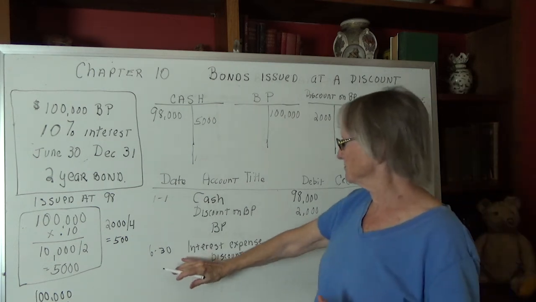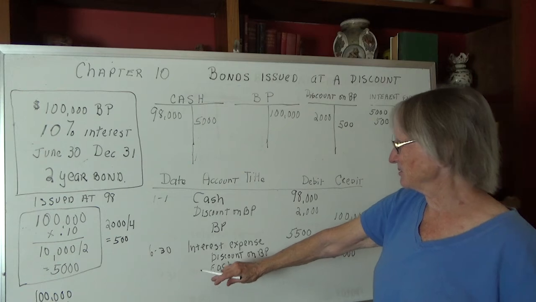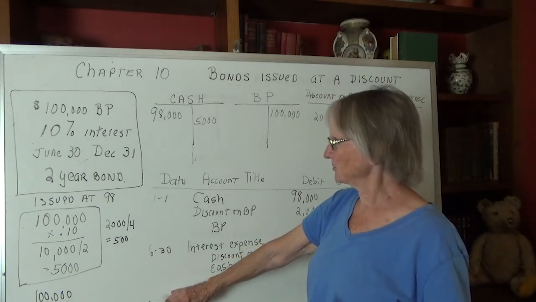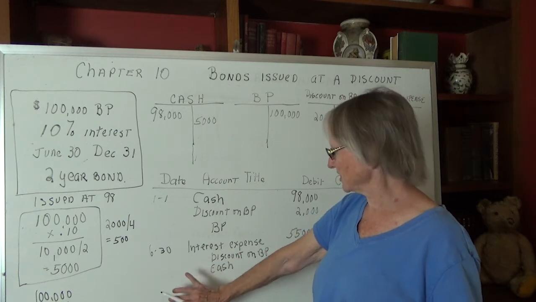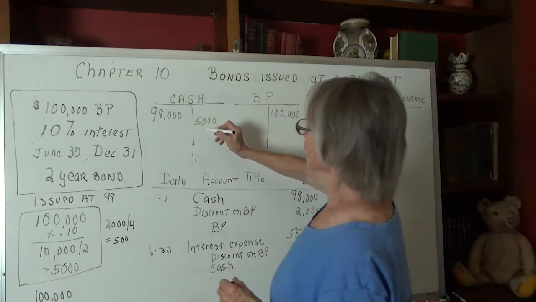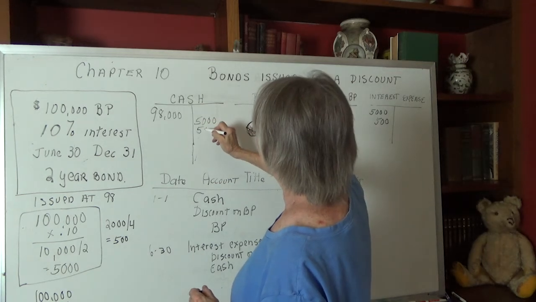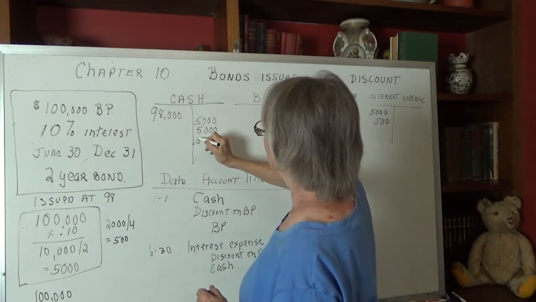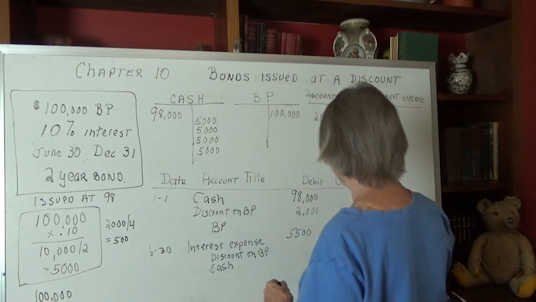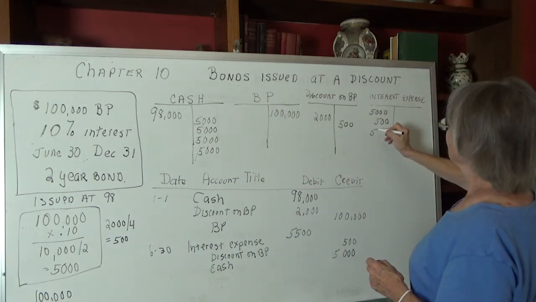Okay, so now I don't have room to do all the journal entries here, but we would do 3 more journal entries like that. We'd do it at 12/31, we'd do it for the next year, and by the end of the time, we would have all the cash that went out for the interest payments. We would do the same thing each time.